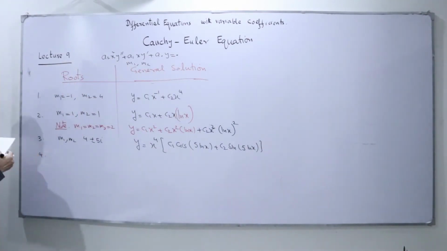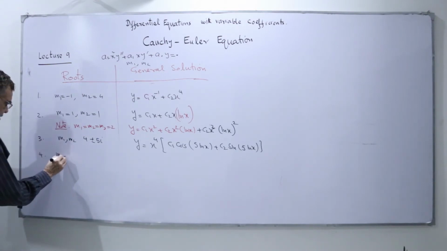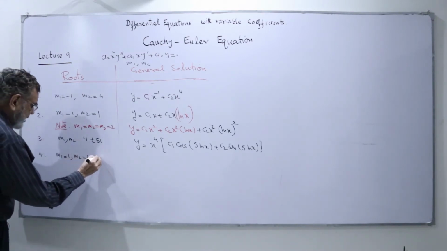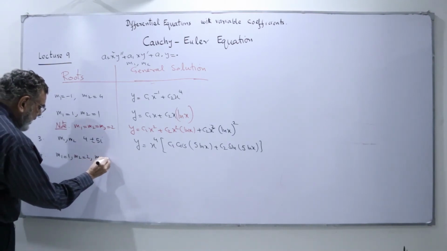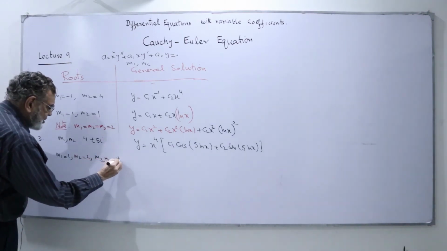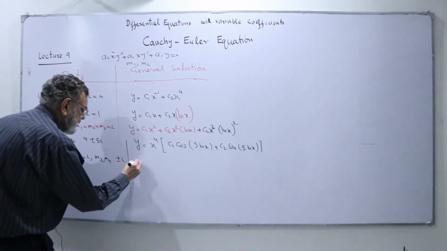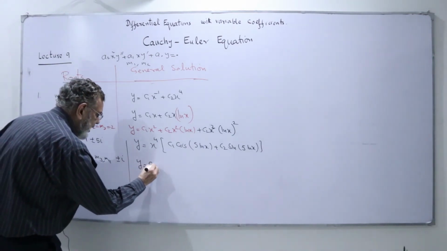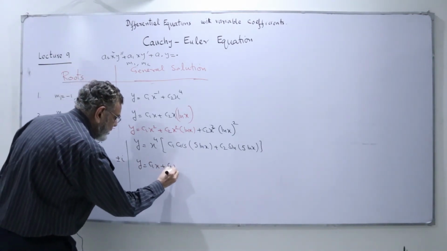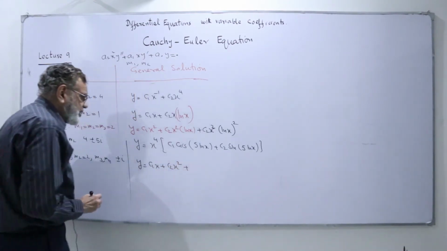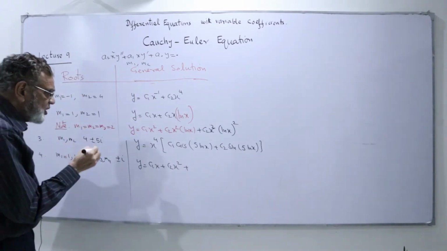Number 4, we take the case when I am having the mixed solutions. My m1 is equal to 1, m2 is equal to 2, and I have the complex roots m3 and m4. They are plus minus iota. Here alpha is 0. Now let's see what's the solution of this one. We're having y is equal to c1 x to the power m1 plus c2 x to the power m2, that's x to the power 2, plus alpha is 0, so x to the power 0 is 1.